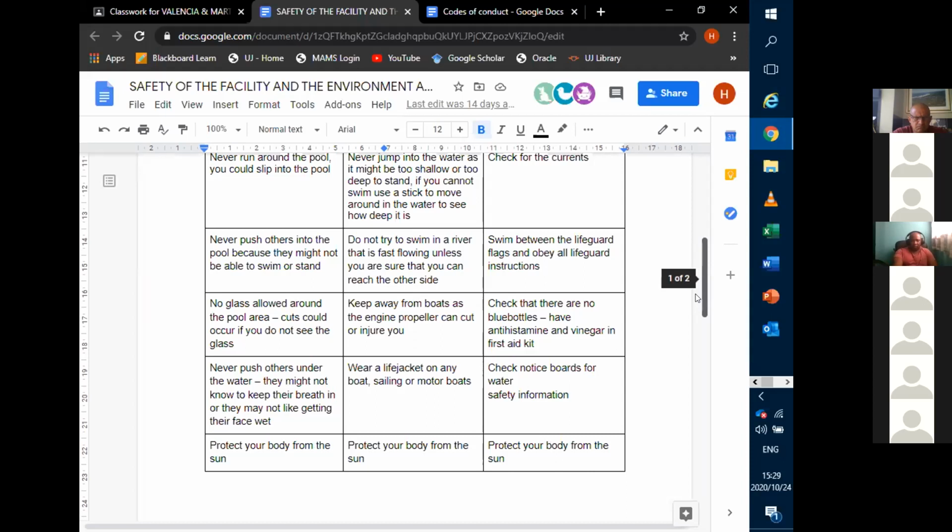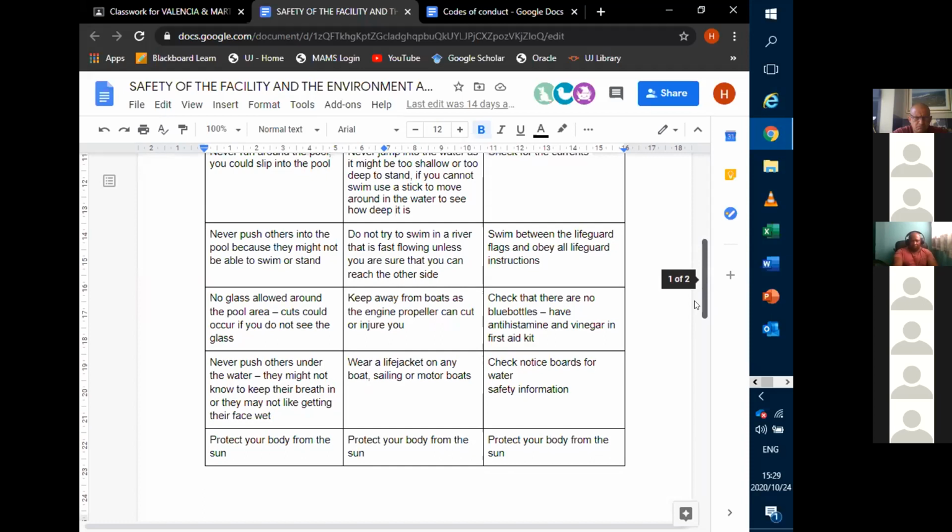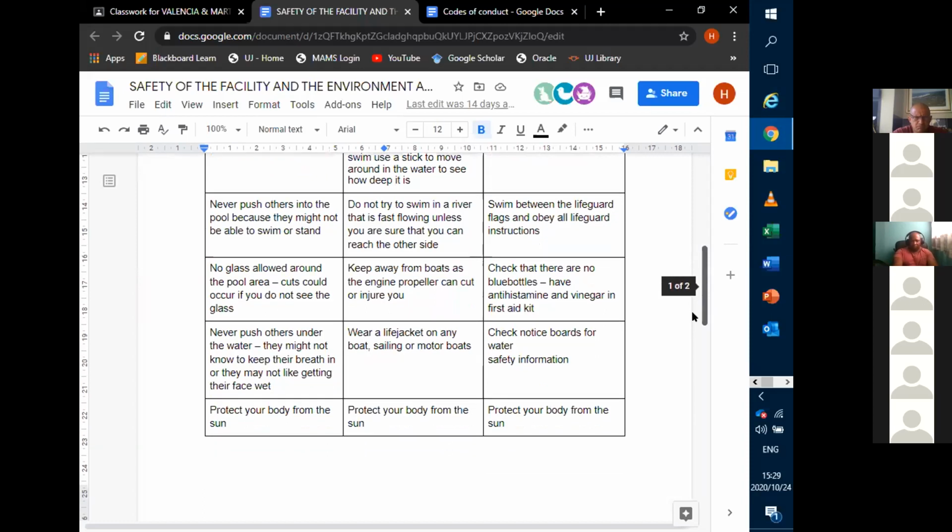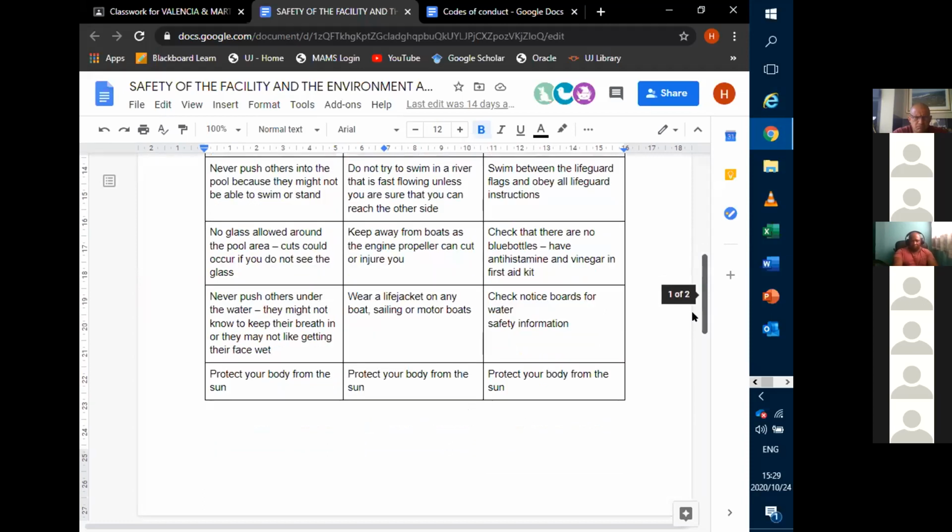We will all pass the nipper exam after this. No glass allowed around the pool area. Cuts could occur if you do not see the glass. Keep away from boats, as the propeller can cut or injure you. Check that there are no blue bottles.